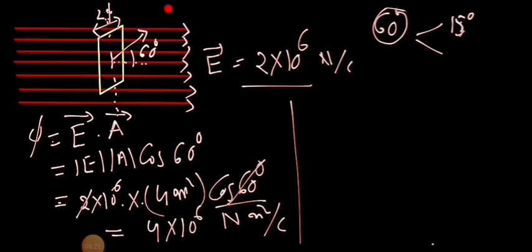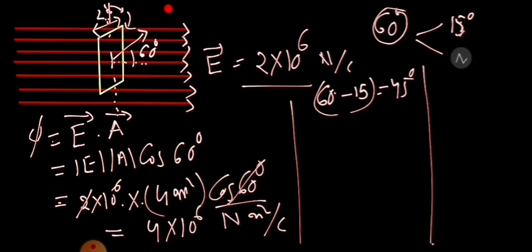See what will happen. The angle was 60 degree, now you rotate by 15 degree. I have not told whether it is clockwise or anti-clockwise. I might have rotated like this, I might have rotated like this also. So there will be two answers. This may be 60 minus 15 is equal to 45 degree, or another is possible, 60 plus 15 is equal to 75 degree.